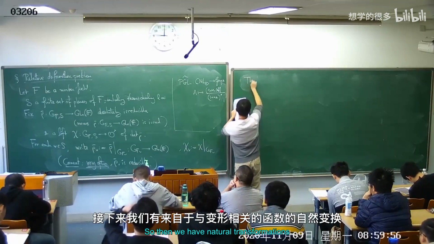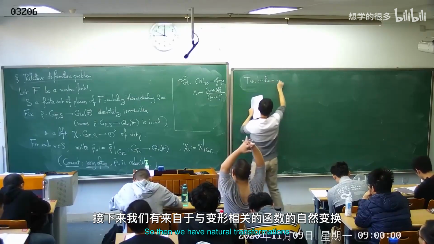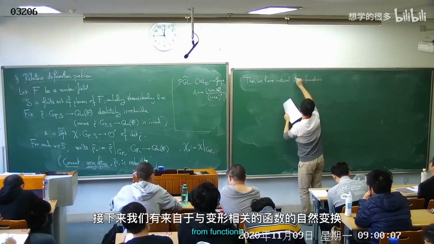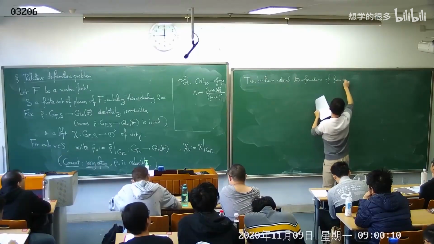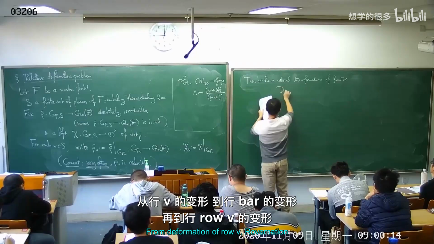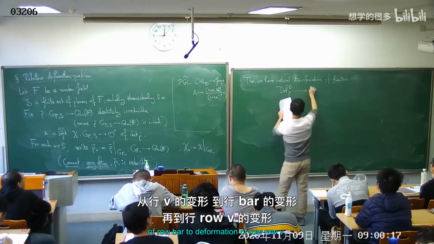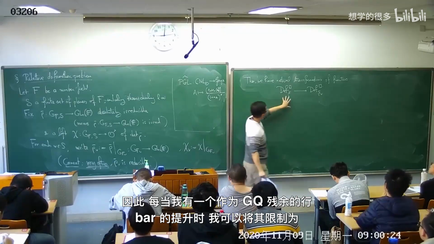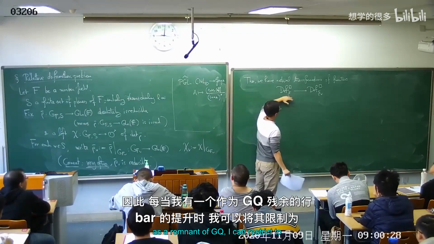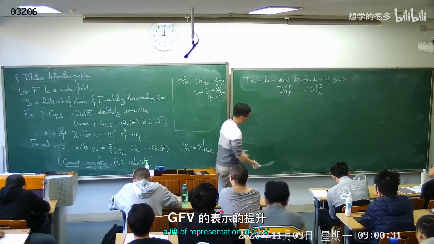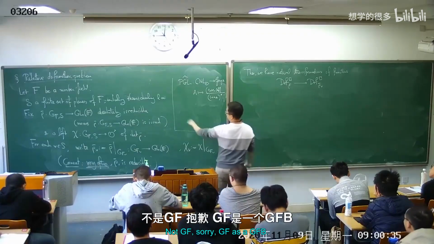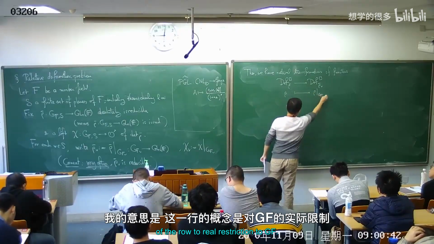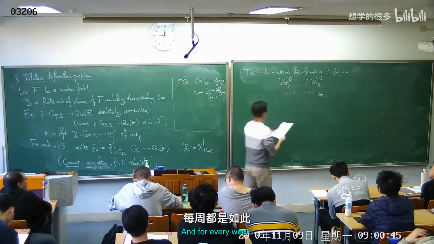So then we have natural transformations of functors from deformation of rho bar to deformation of rho_v. So whenever I have a lift of rho bar as a representation of G_F, I can restrict it to a lift of a representation of G_{F_v}, the restriction of rho to G_{F_v}, and for every v.